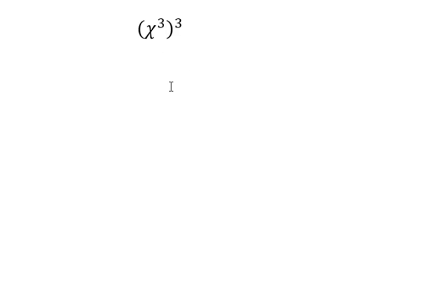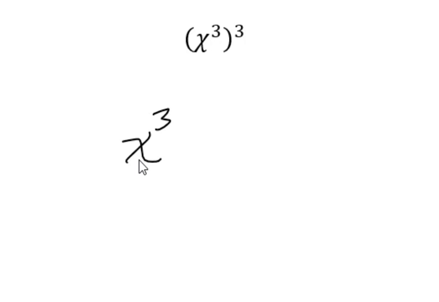Okay, so what about when we have something like this? We have x to the power of 3, all to the power of 3. Once again, what does that really mean? It means that I have x to the power of 3 being multiplied times x to the power of 3 times x to the power of 3. It means I have 3 x to the power of 3's. Does that make sense, hopefully?